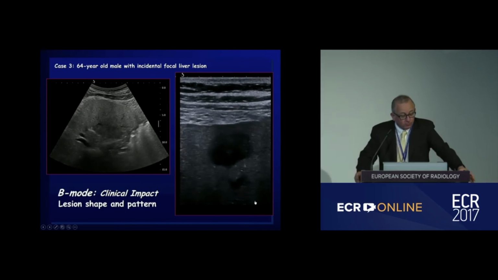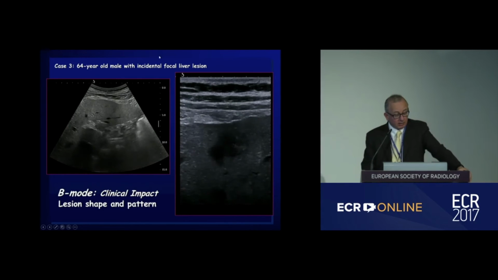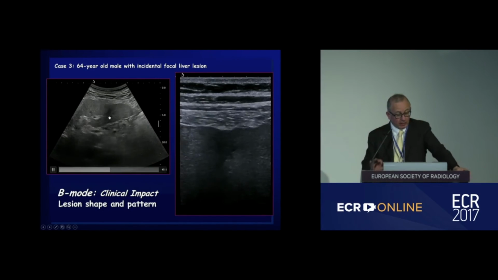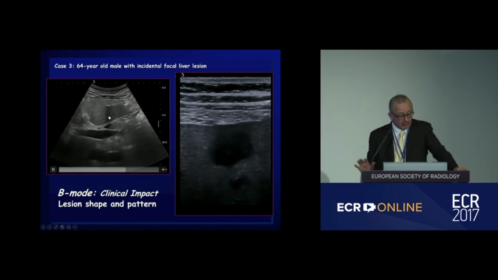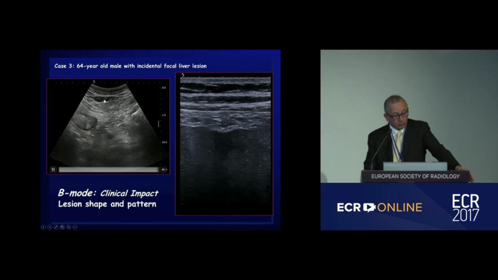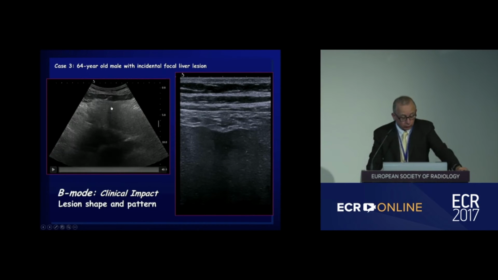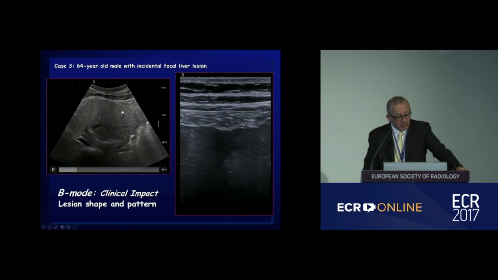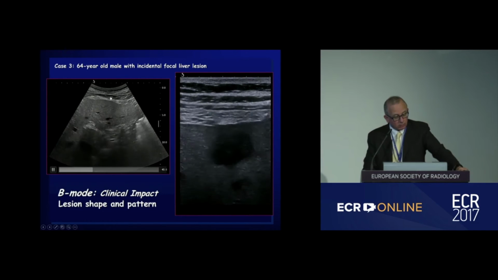In this third patient, coming with an incidental focal liver lesion, I have no information about this guy, just 64, and then with a conventional convex transducer, you see that there might be something in the subcapsular area.